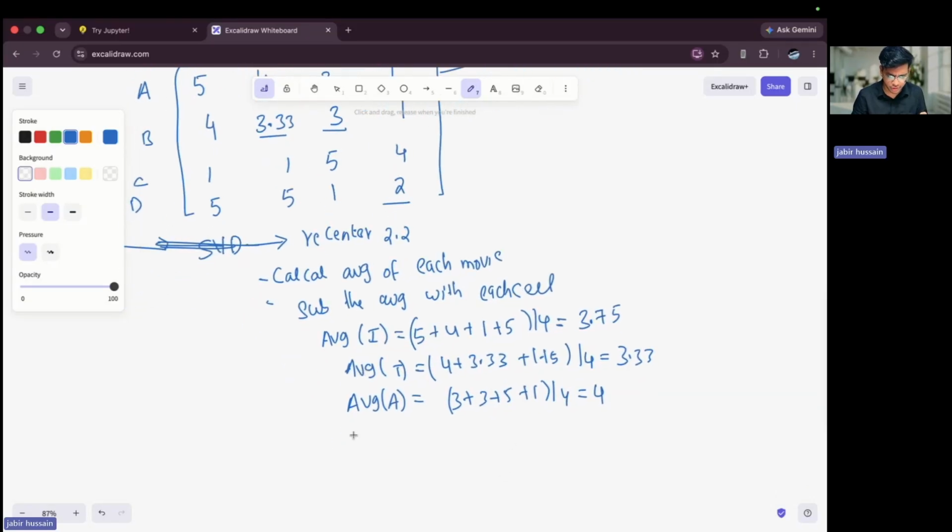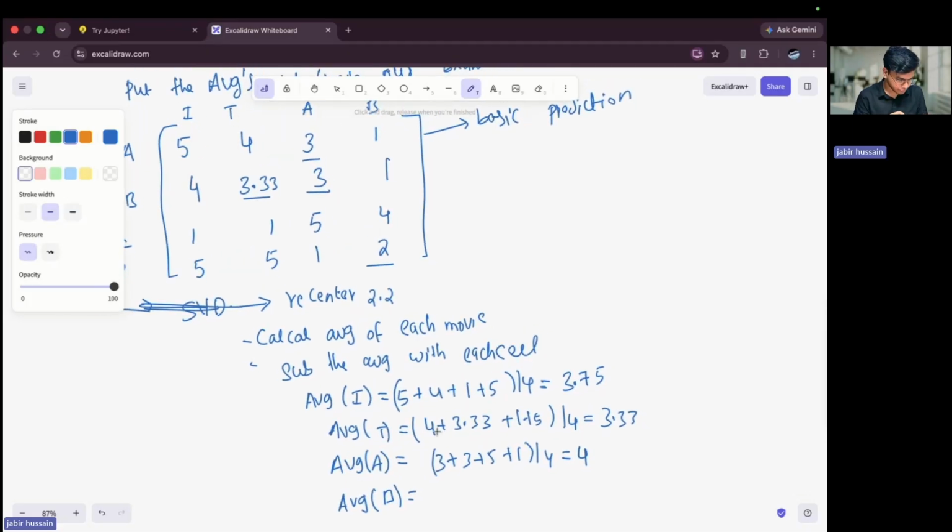Then the average of Batman is equal to 1 plus 1 plus 4 plus 2, which is 8, divided by 4. It will give us 2. Yep, we got the averages. Please cross-verify if I made any mistake in the calculations.